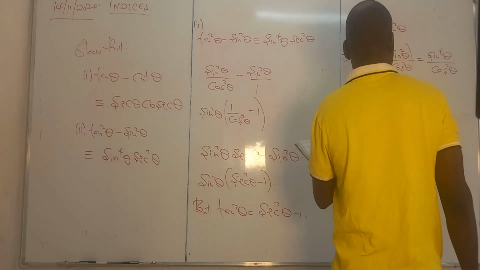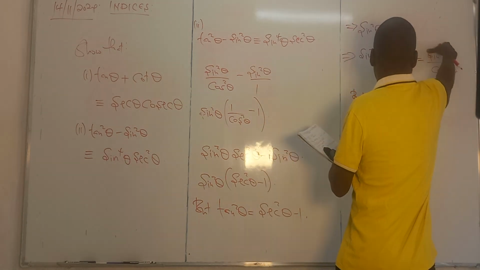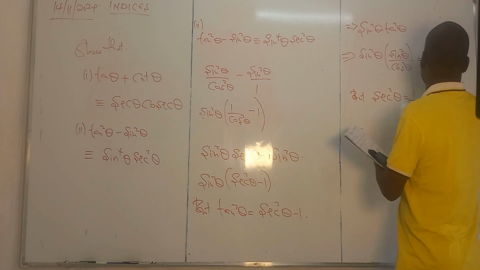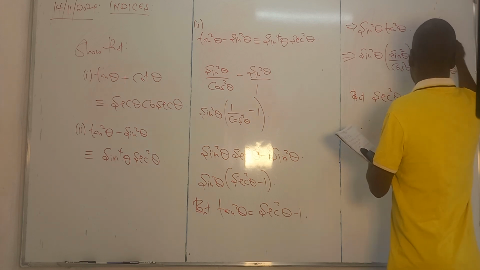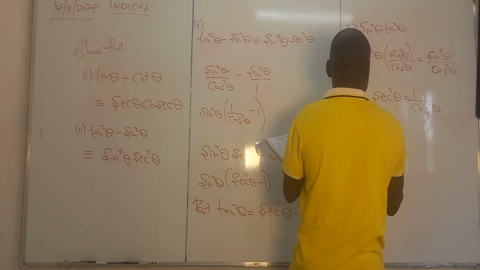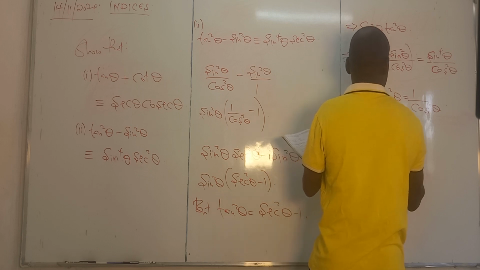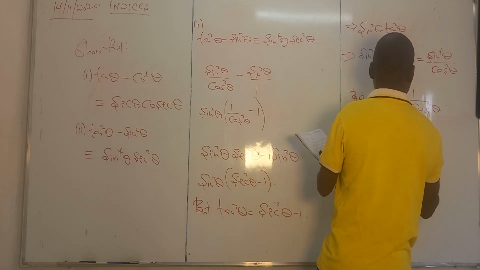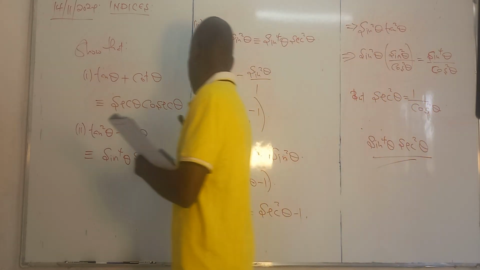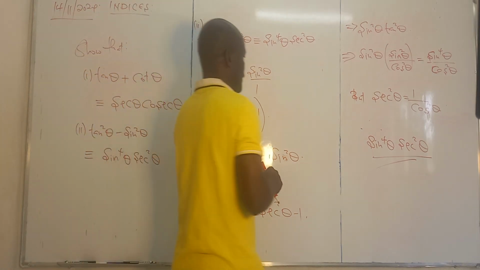Therefore, the whole of this will now bring in the aspect of sec squared theta, so that it is sin raised to power 4 theta sec squared theta. And that is this. Now that's the answer.